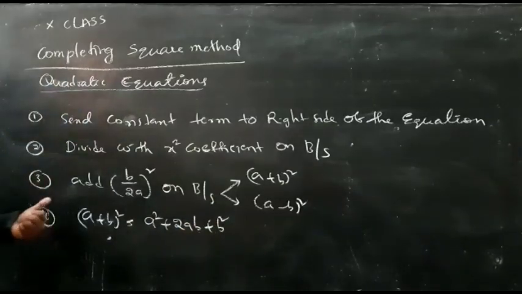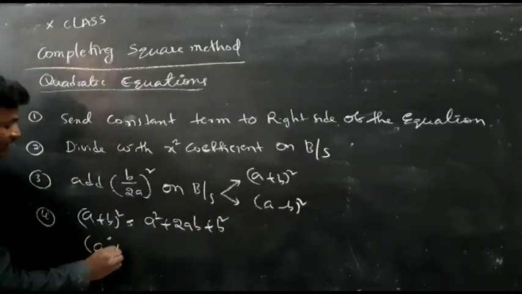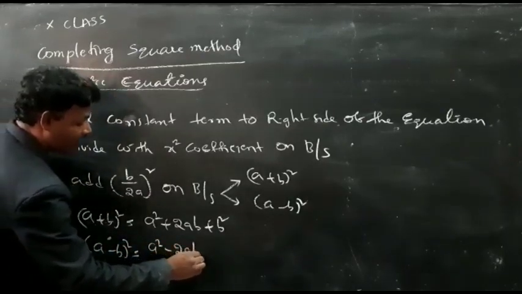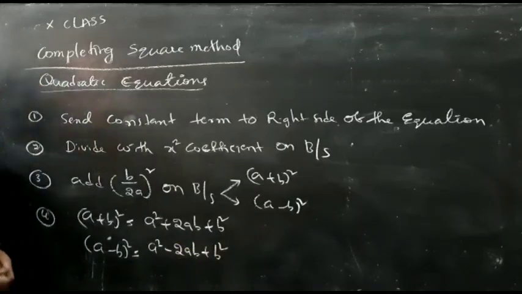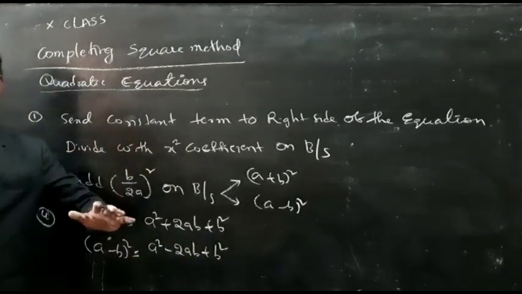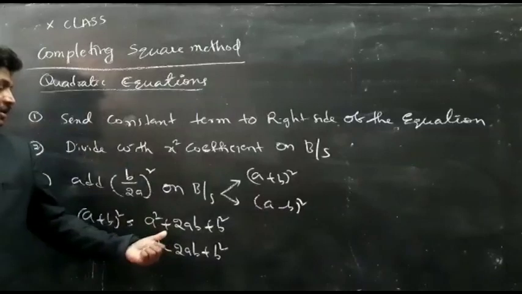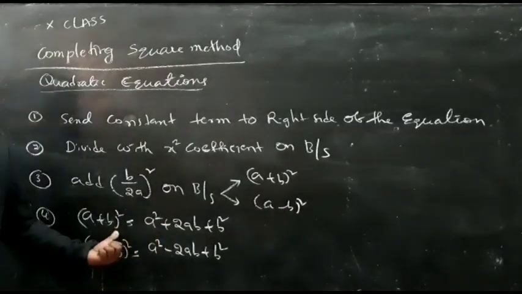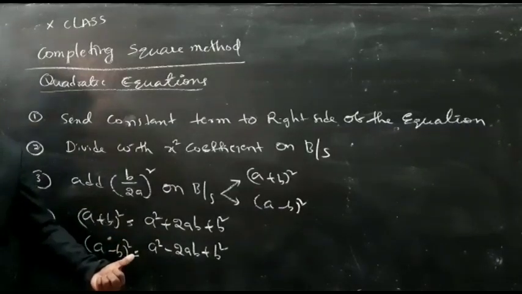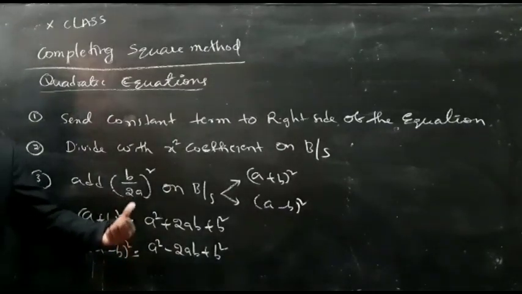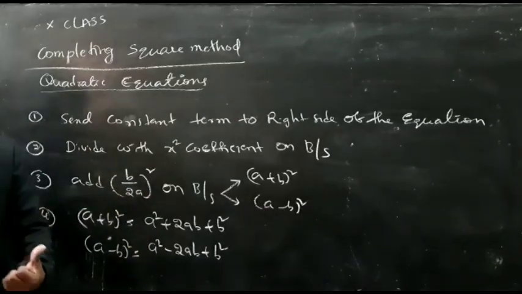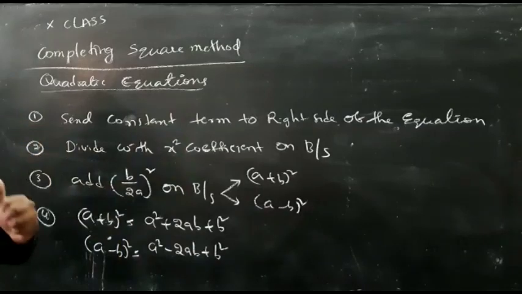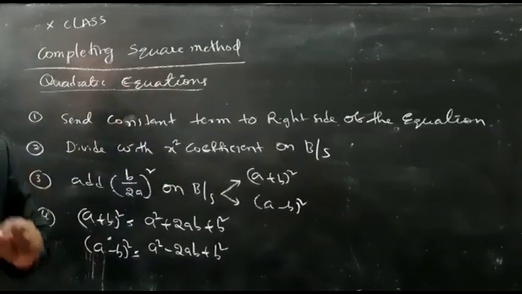Otherwise, if the left side term is in the form of a square minus 2ab plus b square, use a minus b whole square formula. So, these are the steps you have to follow to find the roots of a quadratic equation by using the completing square method.